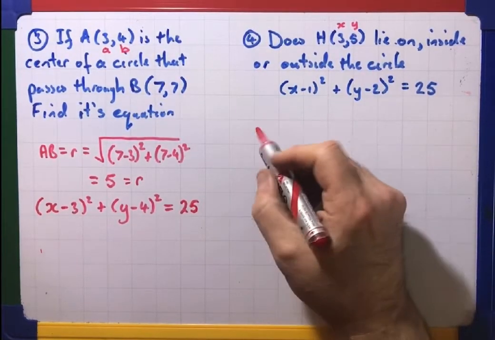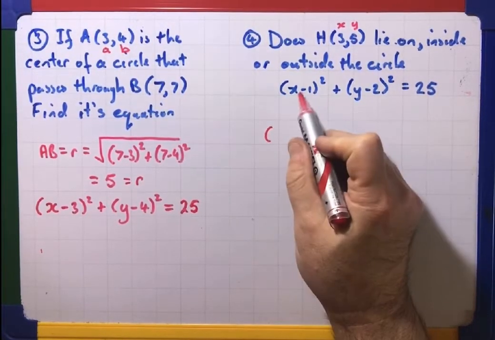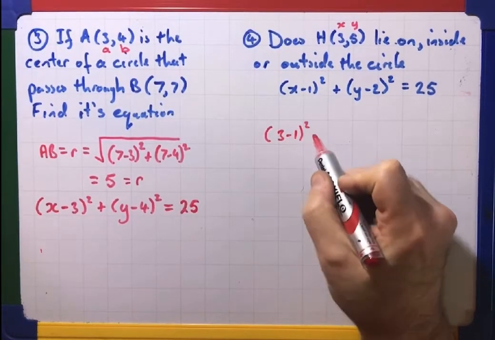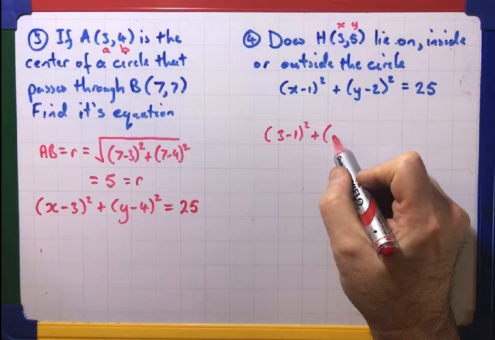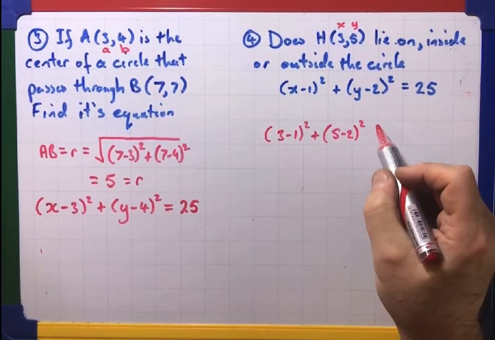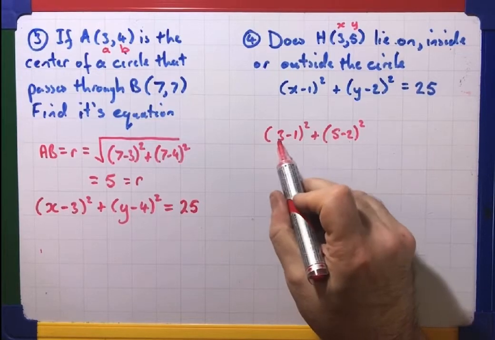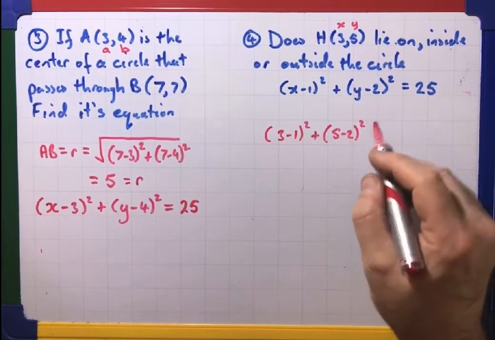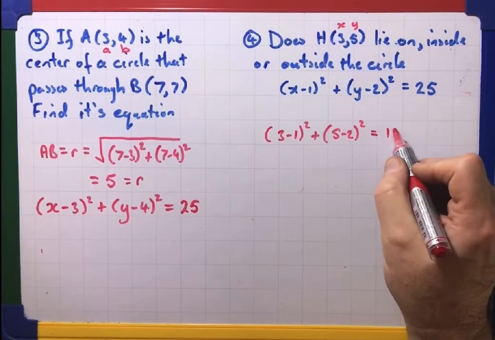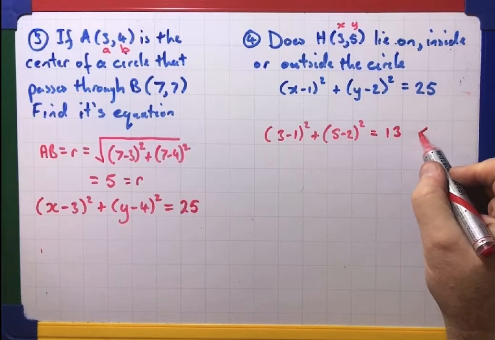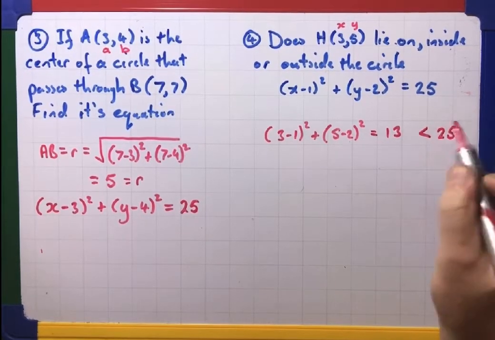What I'm going to do is start off with this bit. So we've got (3 − 1)² + (5 − 2)². That gives me 2², which is 4, plus 3², which is 9. So that gives me 13, which is less than 25.